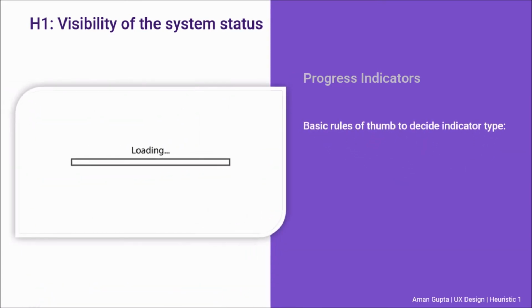There are some basic rules of thumb to decide what kind of indicator to show based on the waiting time for a process to be completed. There are broadly 3 categories of wait time. The first category is less than 1 second. The second category is 1 second to 10 seconds. And the third category is where the wait time is more than 10 seconds.